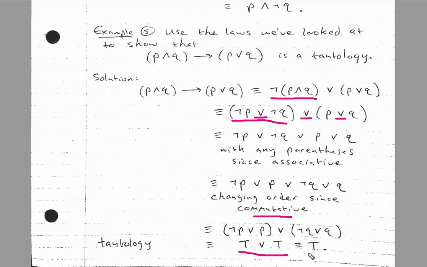Alright, so that proves our compound proposition, yeah, it is a tautology. So we could have proved this using a truth table with 4 rows, but here we're just getting used to using these different laws.